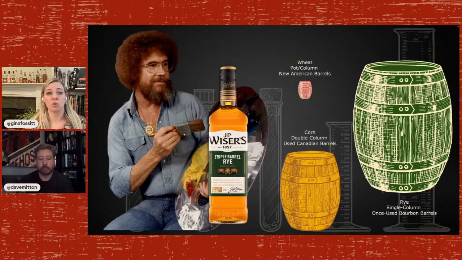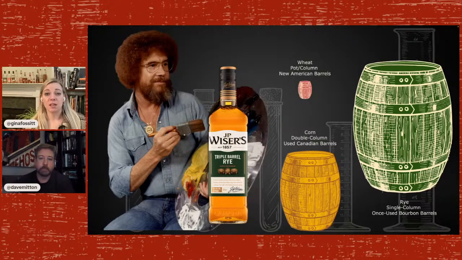So you see the majority of this is that single column, full bodied rye with those dried fruit notes coming from the bourbon barrels. Then you have a decent amount of corn here. That's double column distilled, so very light style. Used Canadian barrels on those, so super light style whiskey here, kind of acting more as a glue on these big flavoring whiskeys.